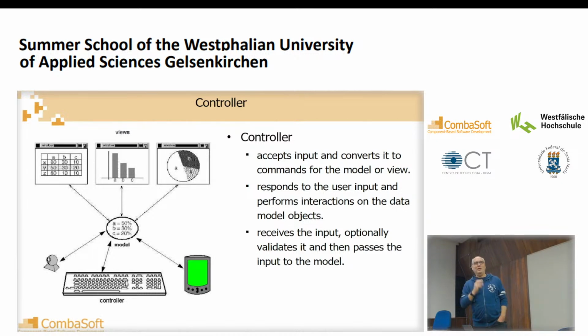Then it can do 2 things. It can send them a message, everyone, I have changed, and nothing more. It's a very short message. Then the views decide by themselves, do I need this information?